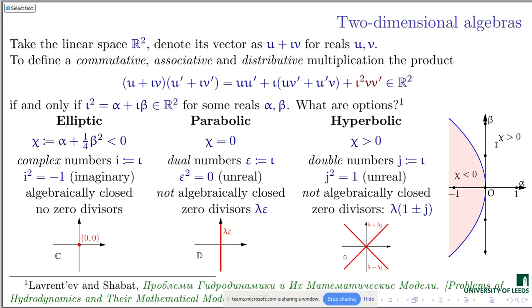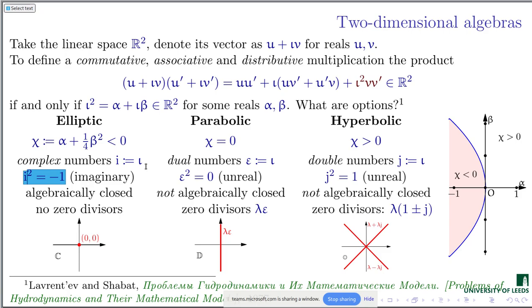If we draw that alpha-beta parameter plane, then there is a region where the value of this expression, which is a kind of determinant in this case, is negative. Then by a change of coordinates, we may reduce our algebra to the very well-known complex numbers. And our iota is nothing else but the imaginary unit, and iota squared is equal to minus 1. That is what can be achieved.